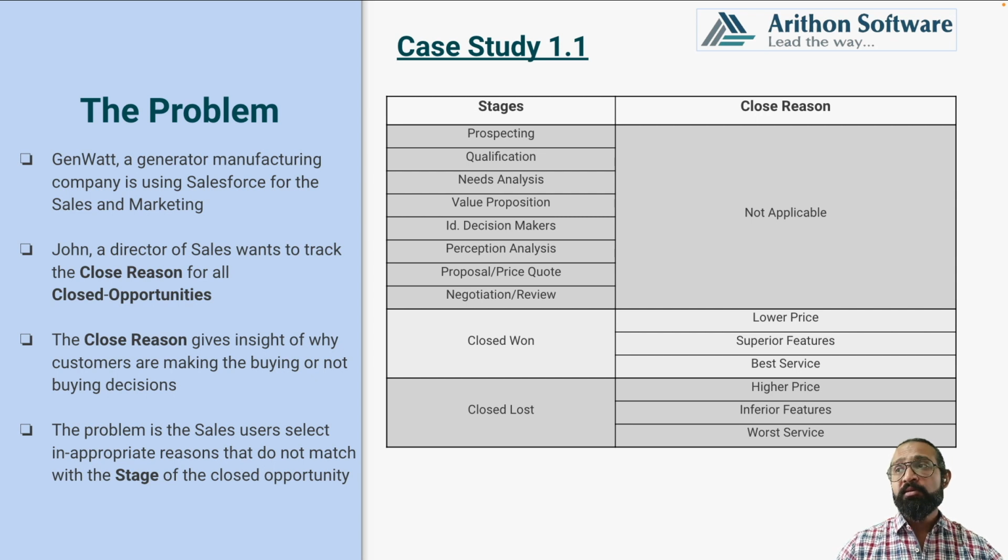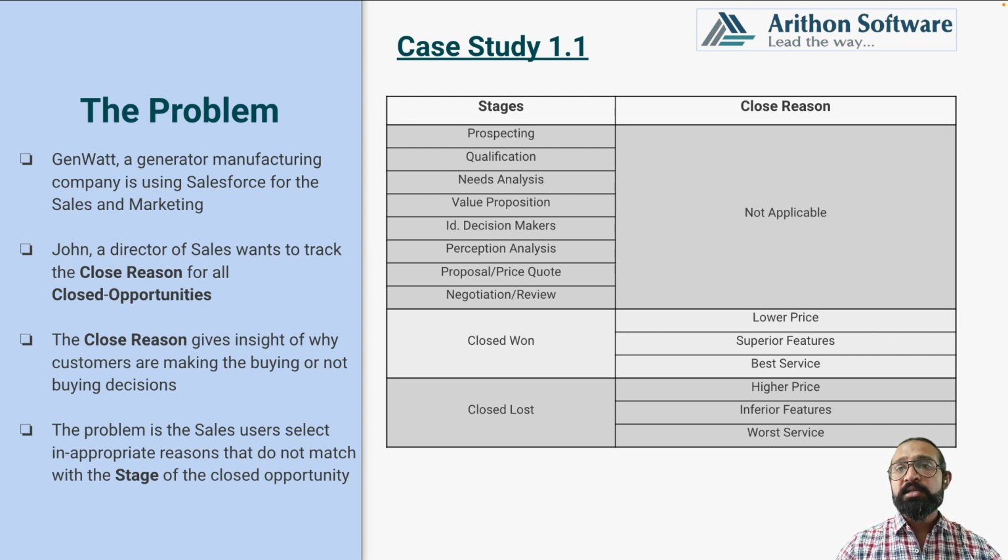Now there must be one or more values from lower price, superior features, or best service options. And if the user is closing it with the Closed Lost stage, then there must be one or more values from higher price, inferior features, and worst service options.